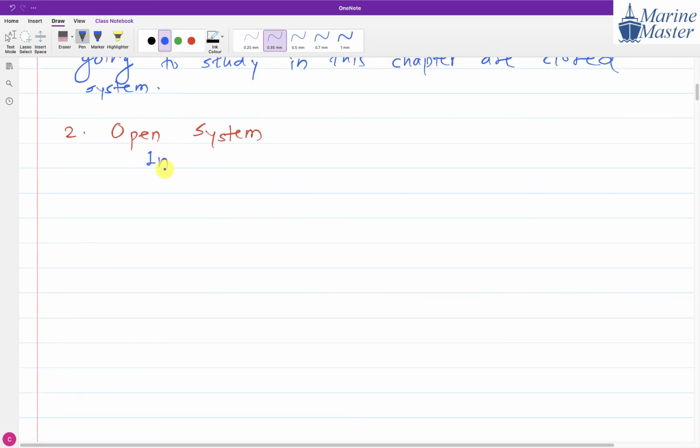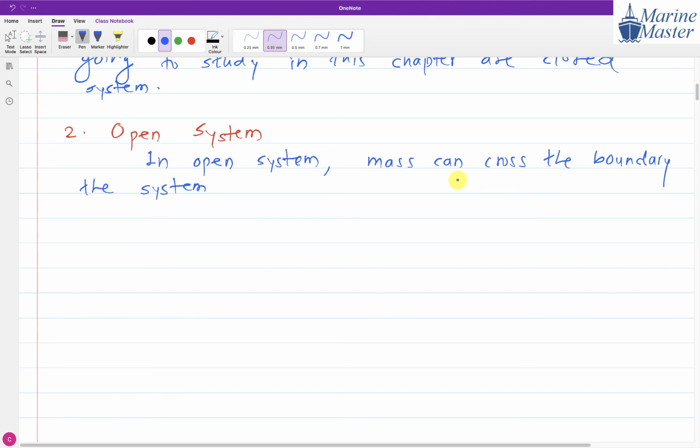In open system, mass can cross the boundary of this system. And what is the meaning of mass can cross the boundary of the system? Mass can enter the system or mass can leave the system. So that is what is meant by mass can cross the boundary of this system.